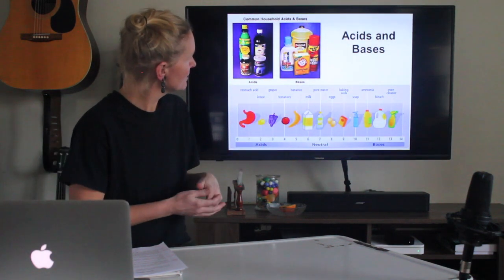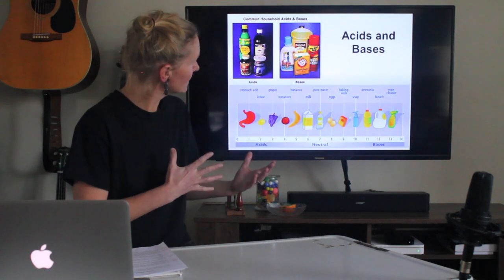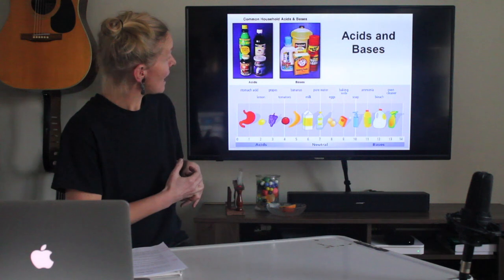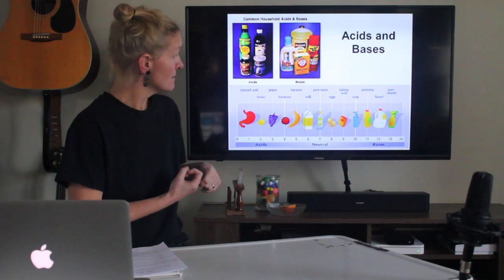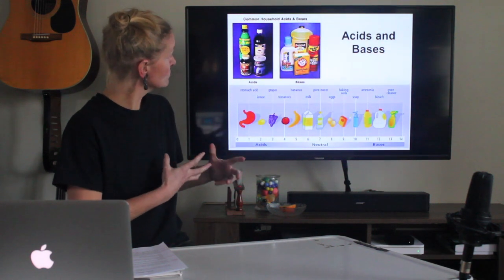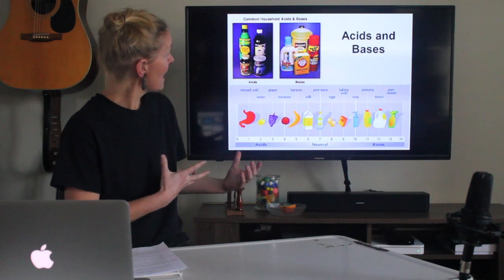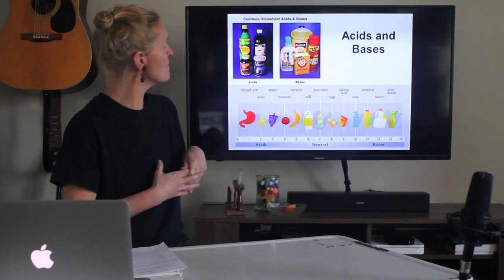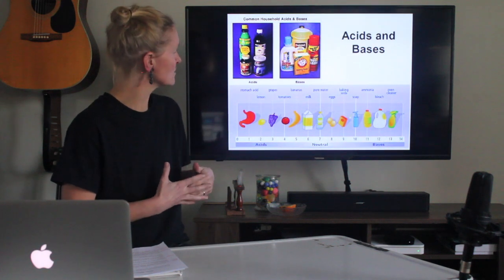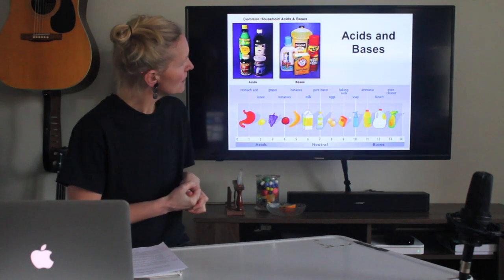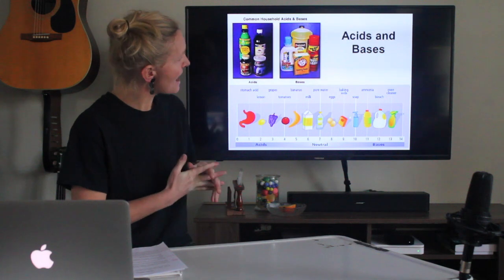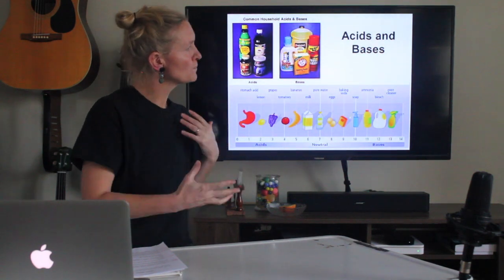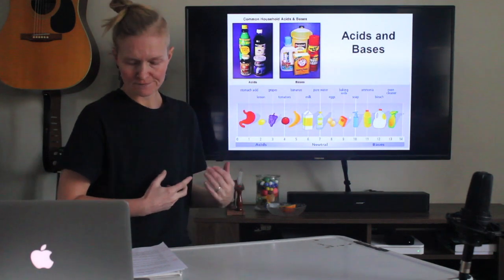You have pure water in the middle again, and on the acid side, you'll have bananas, milk, tomatoes, grapes, lemons, and towards the higher end of acids, a stronger acid would be our stomach acid. And then on the base side, we have eggs and baking soda and things like our soaps and cleaning detergents.